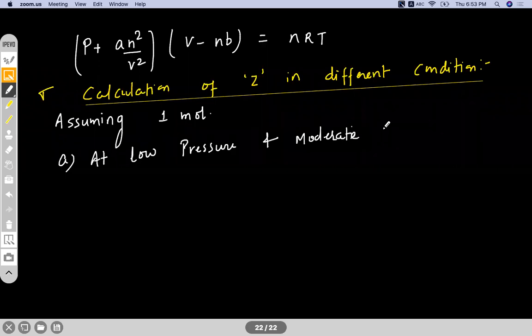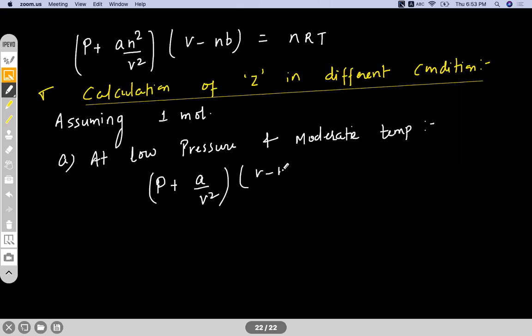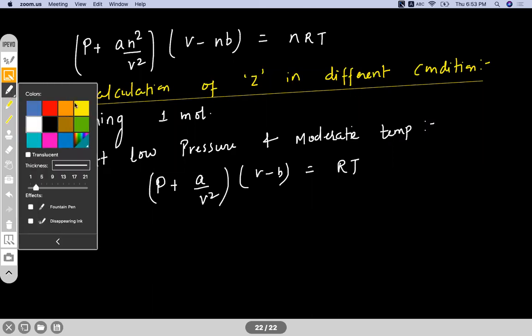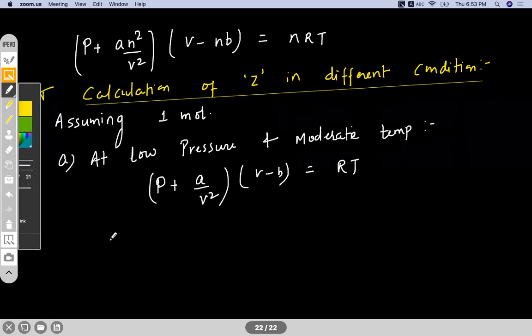So we have this van der Waals equation, that is (P + a/V²)(V − b) = RT, because n value is 1. Now we have low pressure. It means the volume is high, because volume and pressure are inversely proportional.